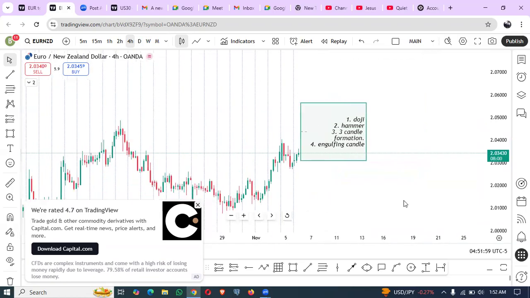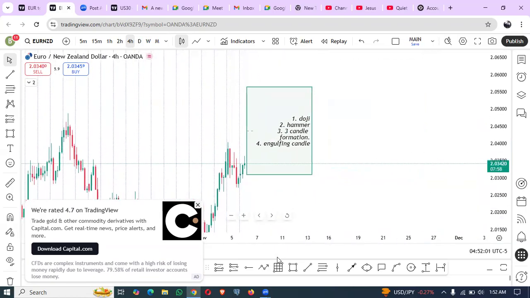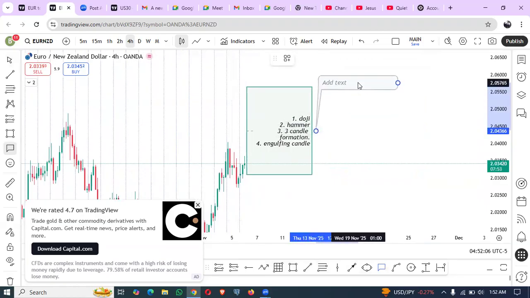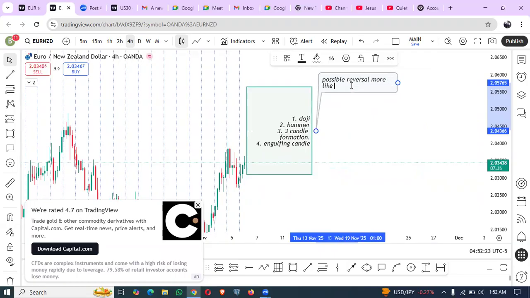These are the candles that move the market, of which I told us the first three, Doji, Hammer, and the three candle formation, they signify possible reversal, more like indecision in price direction.